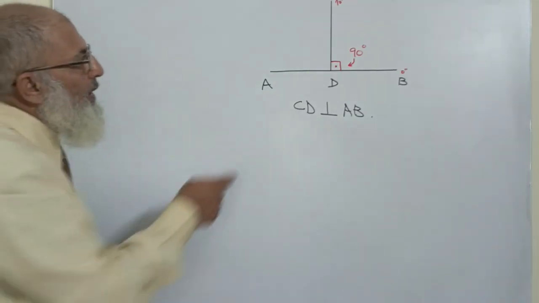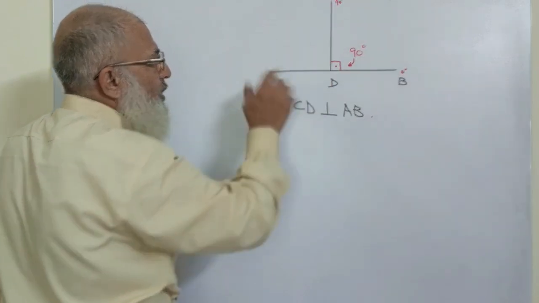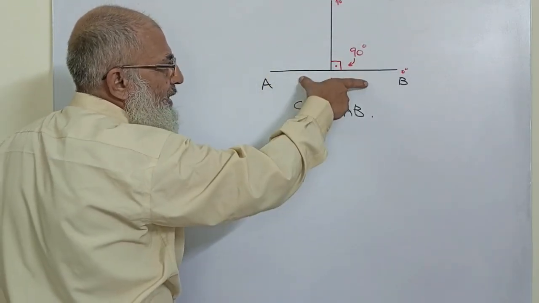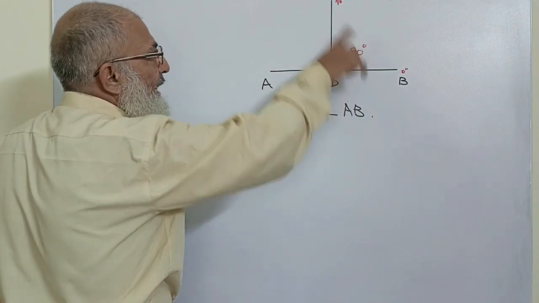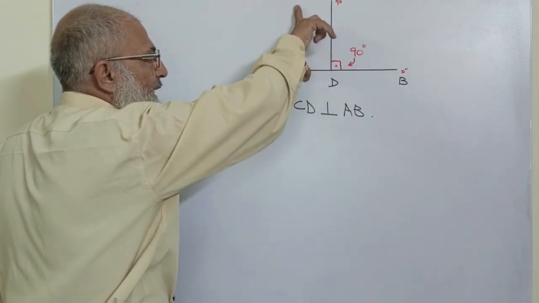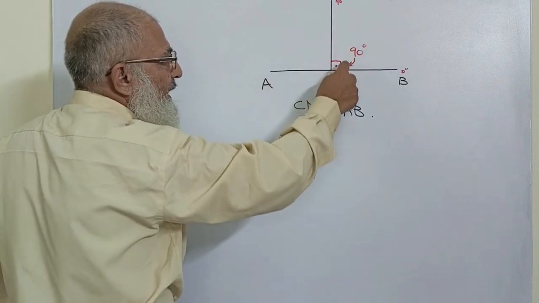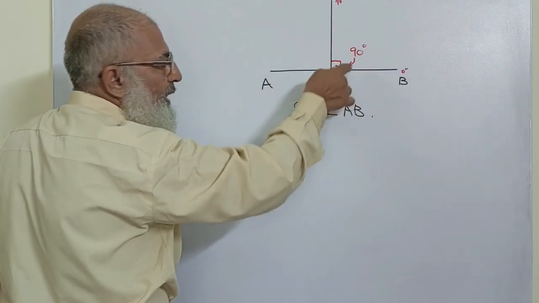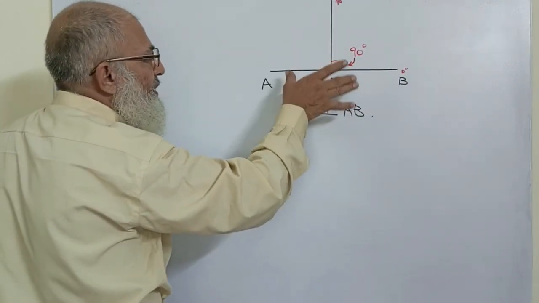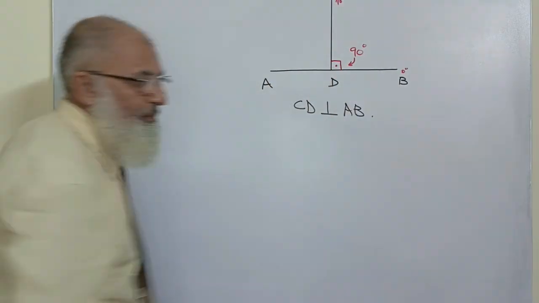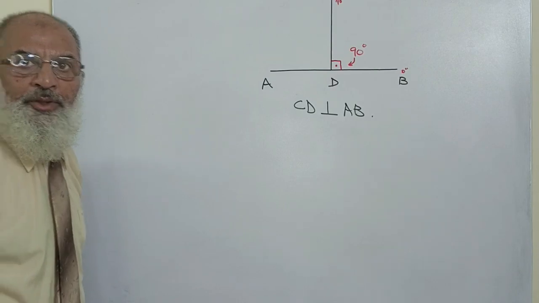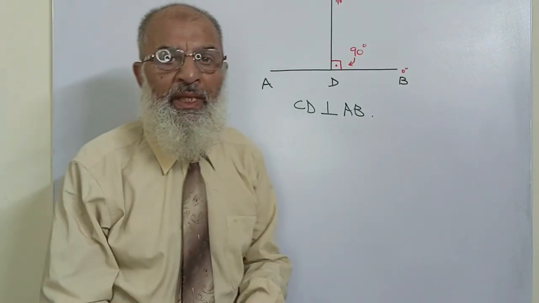You can call it that when two lines, now this is a line and this is a line, if they meet at right angle, or the angle formed between them is 90-degree, then we say that CD is perpendicular to AB. So it was quite an easy job.